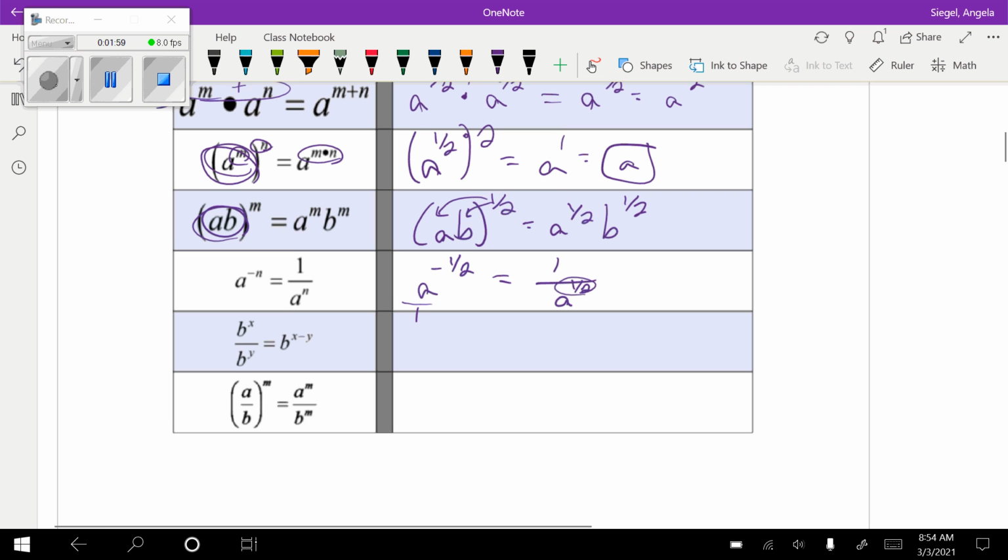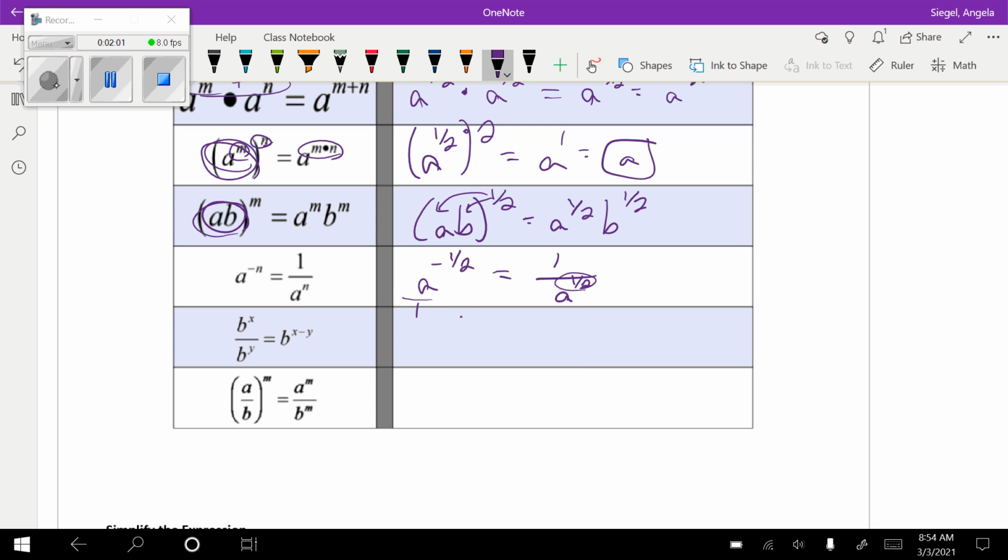Okay, this next one, let's do b to the 3/2 power over b to the 1/2 power. The rule is with division or a fraction, you subtract the exponents. This is the same thing as b to the 3/2 minus 1/2 power. So 3/2 minus 1/2 is 2/2, or just b to the first, or b.